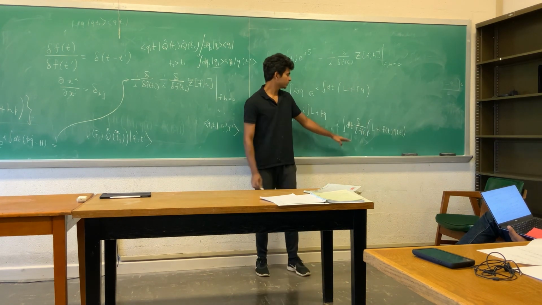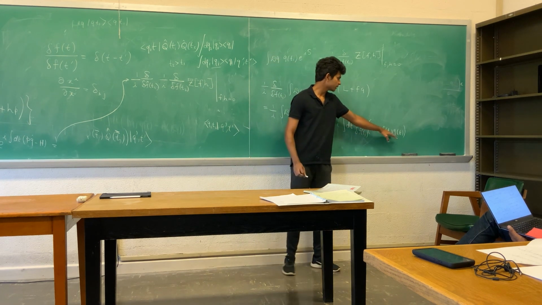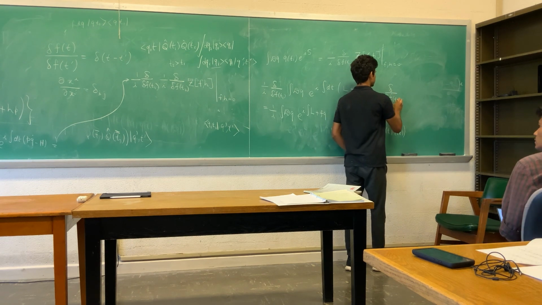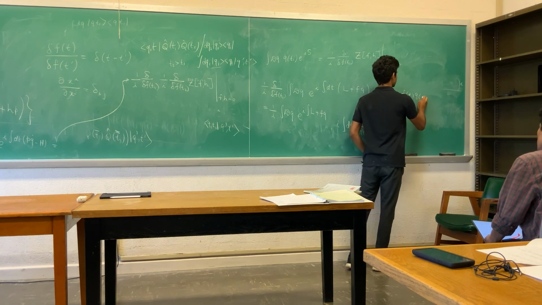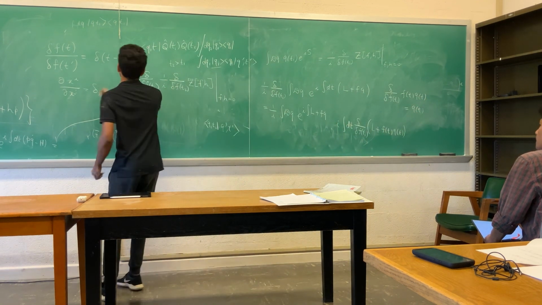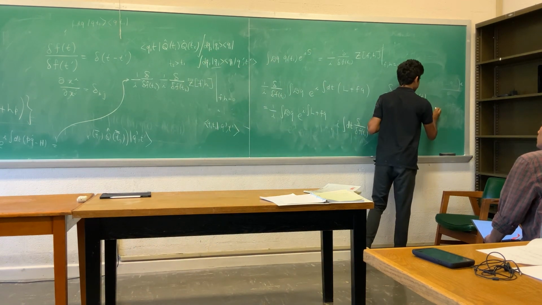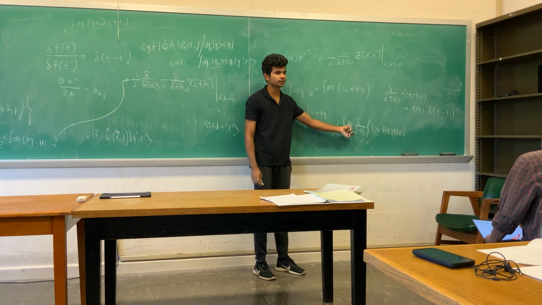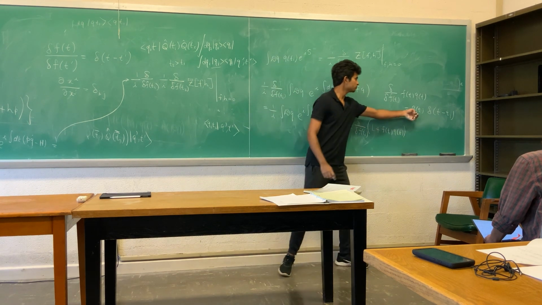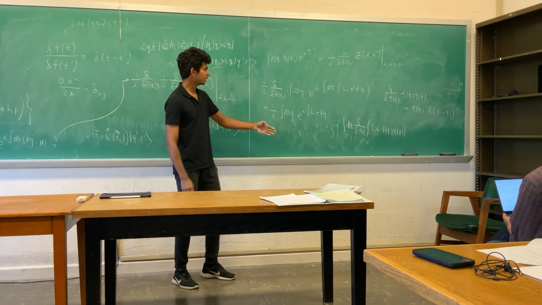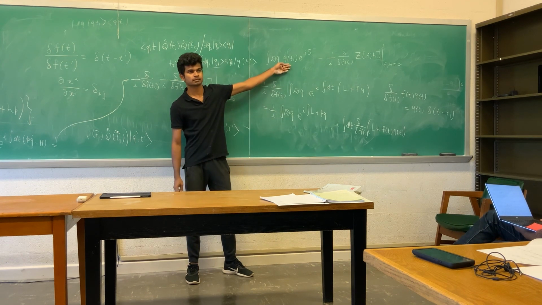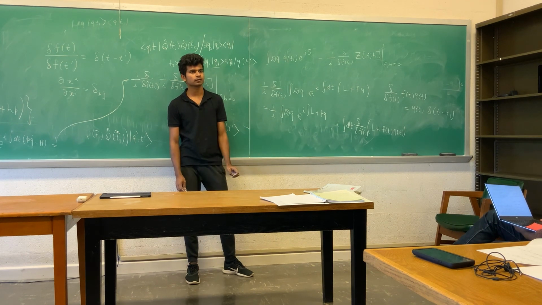And d/df(t1) on that gives delta of t minus t1. So when I put a delta of t minus t1 inside the integral, I just get q of t1. And then in the end I set f to 0, which will give me precisely this. The derivative of q of t with respect to f of t is 0.